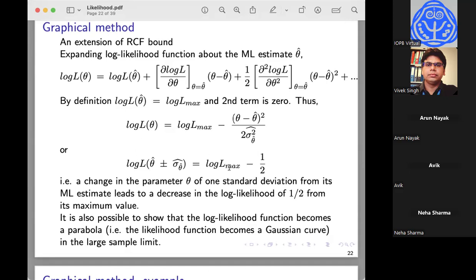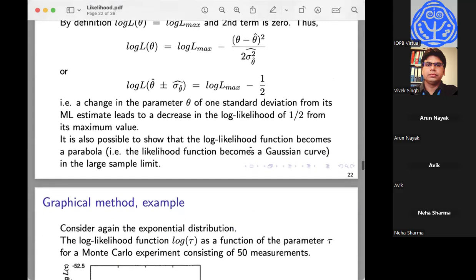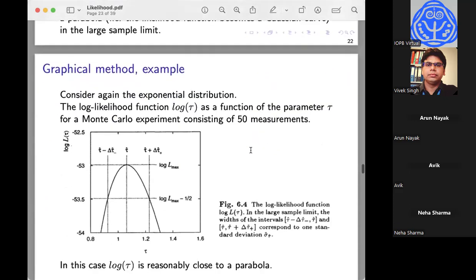The log of L max will be reduced by just half. So if you change this theta by sigma theta, the log of L max will be reduced by half, which you can see from this picture.